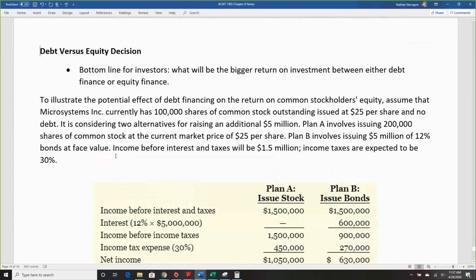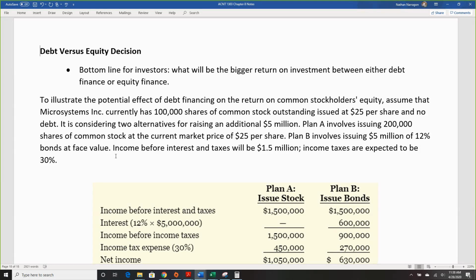The last item that they want to talk about, because of this chapter, and since it has where you saw debt investing or debt finance versus equity finance, is how does it actually look?